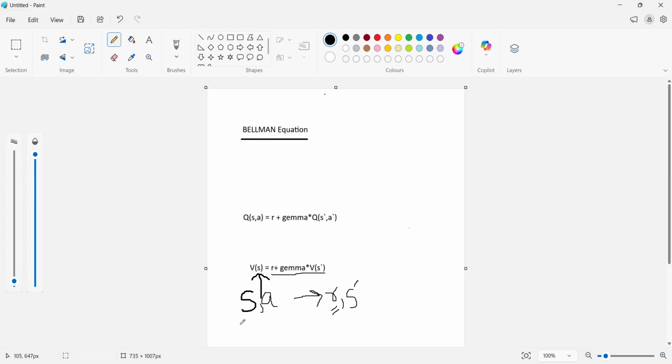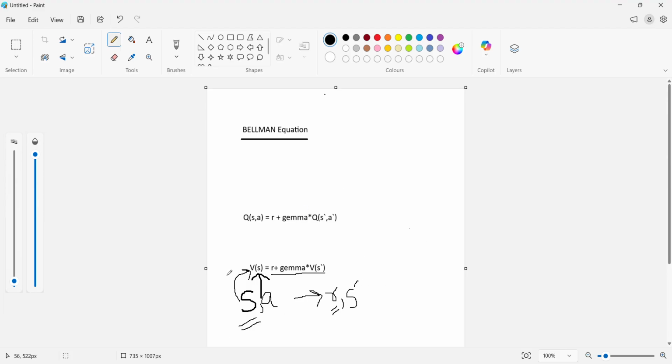So if I am in state S and I want to estimate how good it is to be in this state S, I'm going to use the Bellman equation, and the Bellman equation dictates that V of S is equal to R plus gamma times V of S dash.